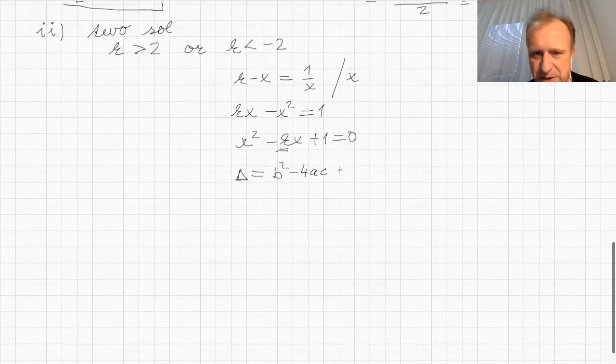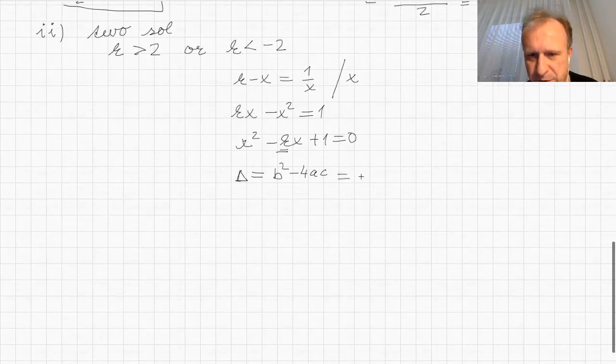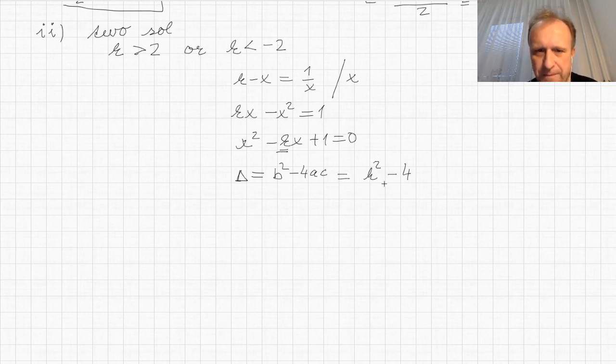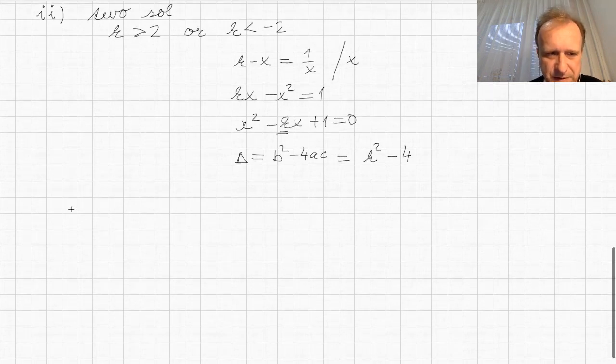So the discriminant in this case is b squared, which is k squared, minus 4 times 1 times c, so 4 times 1 times 1. This is the discriminant: k squared minus 4.